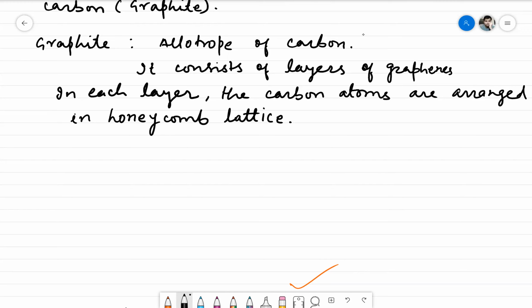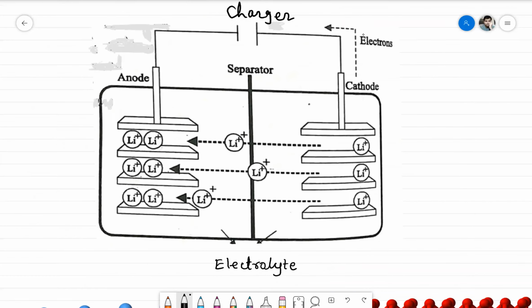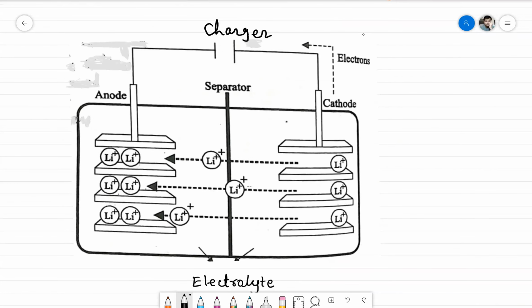You can see here, I am going to show you the structure of graphite. So this is the line diagram of lithium ion battery. The negative electrode in lithium ion battery is the anode, and this anode is made of porous layers of graphite.